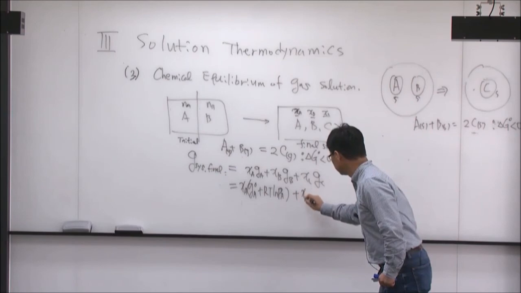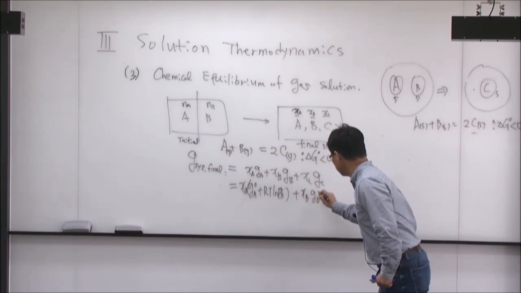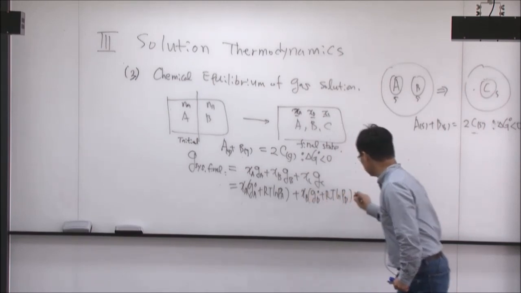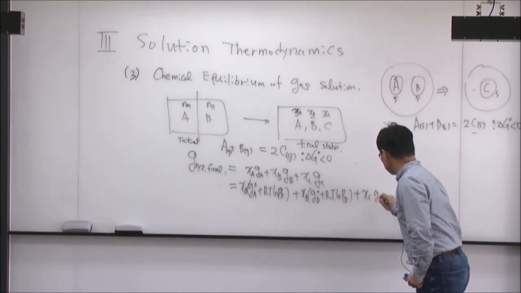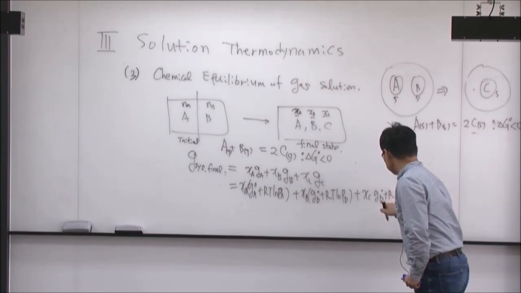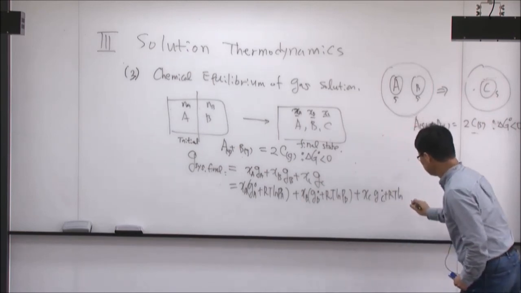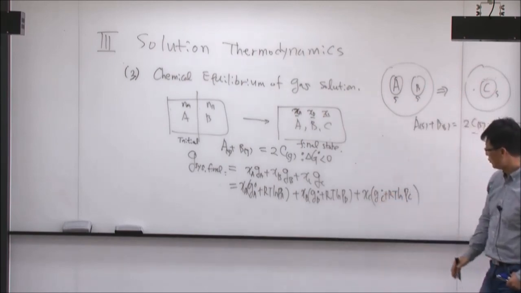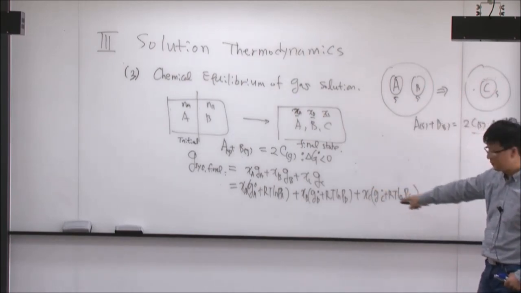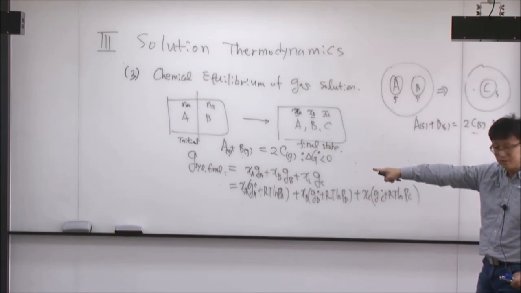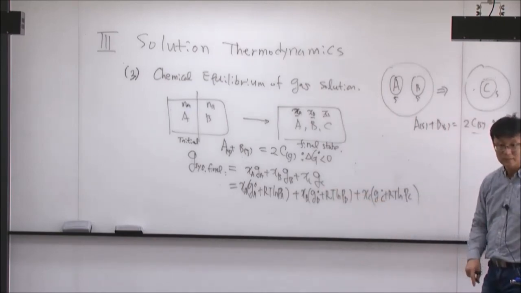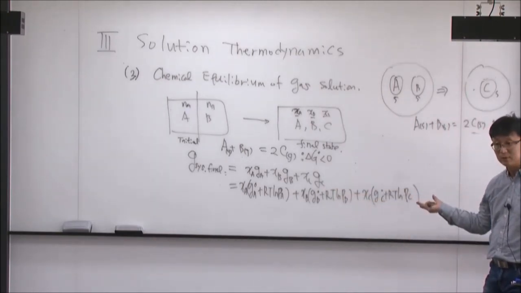And XB (GB naught plus RT ln PB) plus XC (GC naught plus RT ln PC). Okay, so we have to find the minimum Gibbs energy condition of this one by changing the mole fractions XA, XB, and XC. Is it okay?